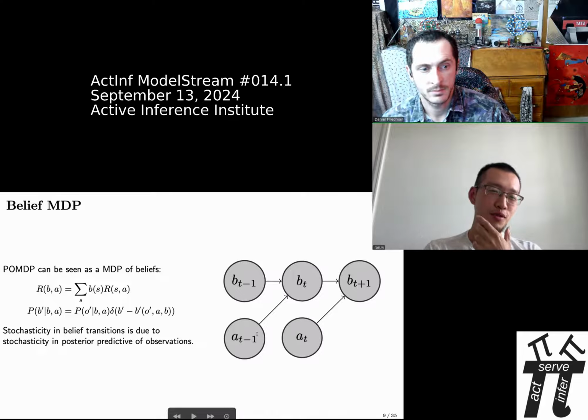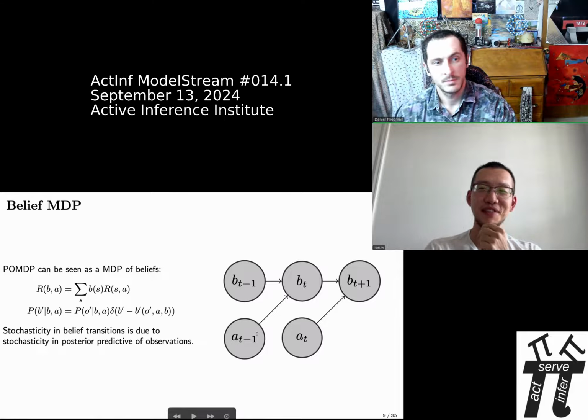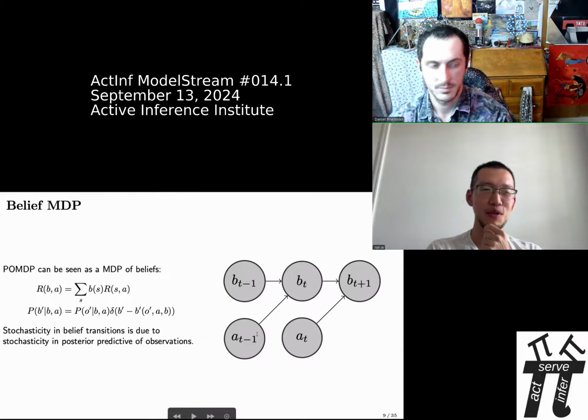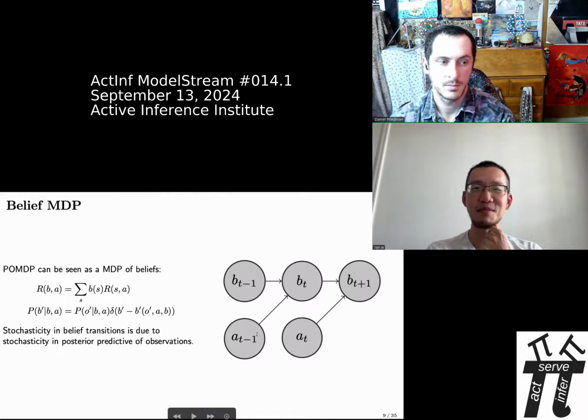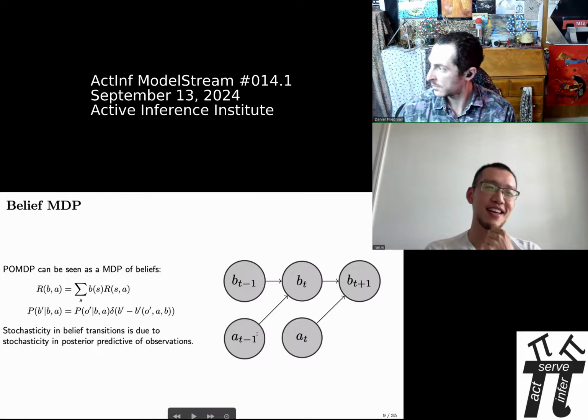Yeah, so I think the word deep sometimes means different things in different communities. Early in the days, deep active inference used to mean using deep networks to approximate or amortize certain distributions in active inference agents.